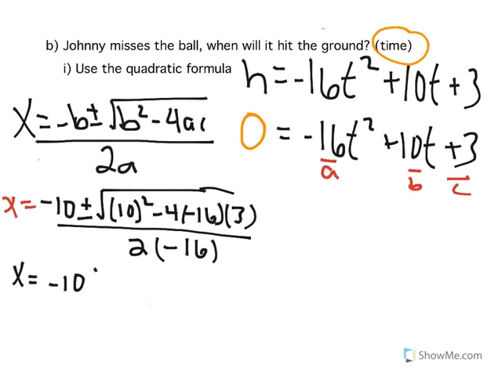It becomes negative 10 plus or minus the square root of. You're just going to plug what's inside the square root into your calculator, and it should give you 292. And then 2 times negative 16 should give you negative 32.